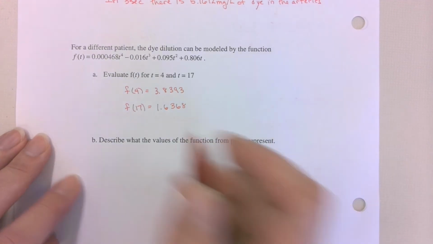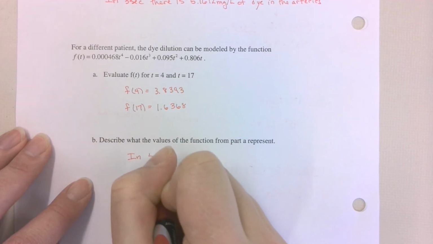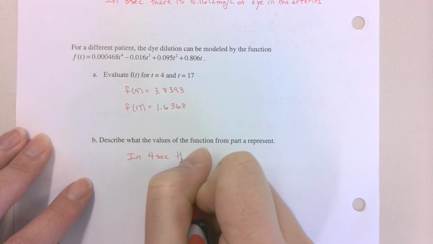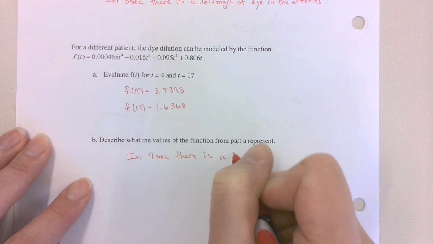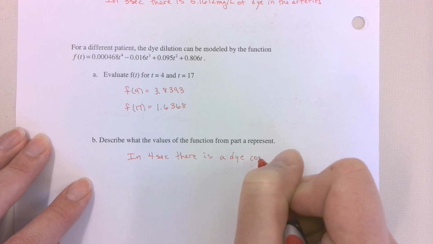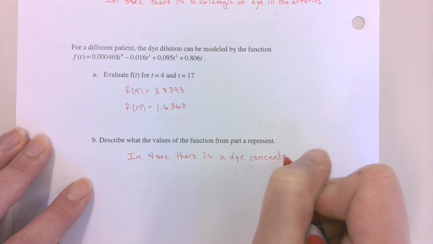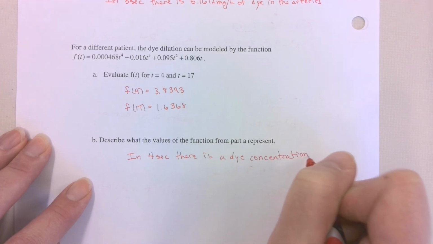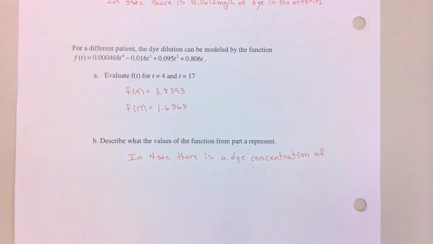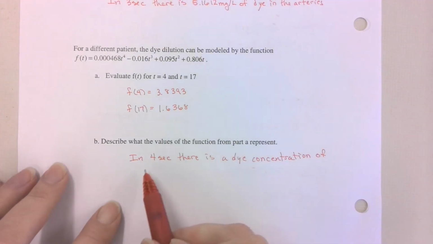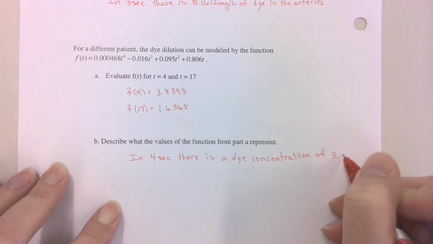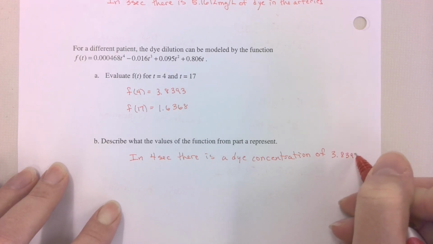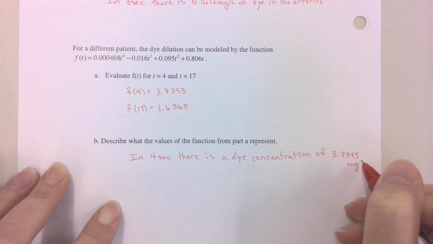Okay, so what does this mean? In 4 seconds, there is a dye concentration of 3.8393 milligrams per liter.